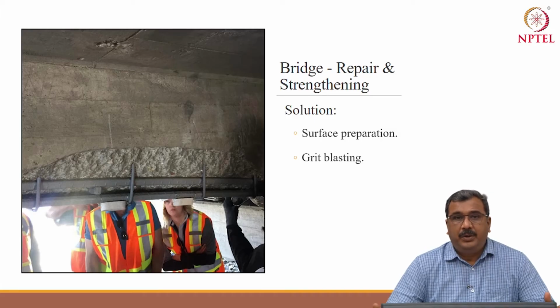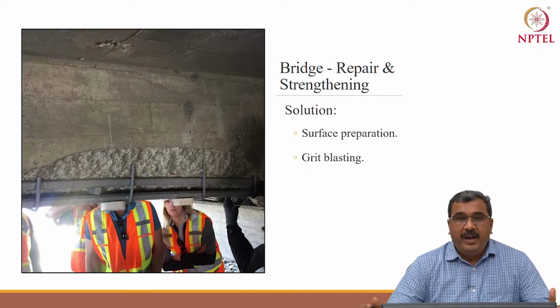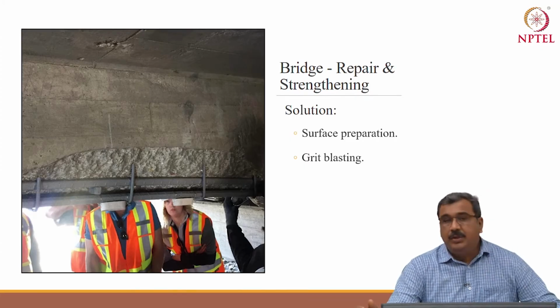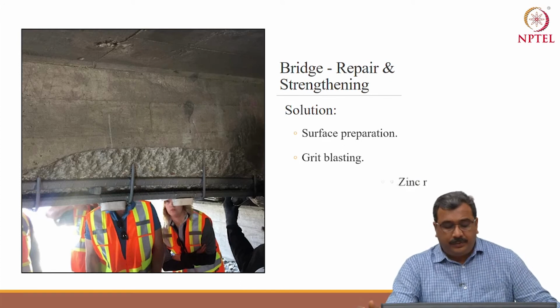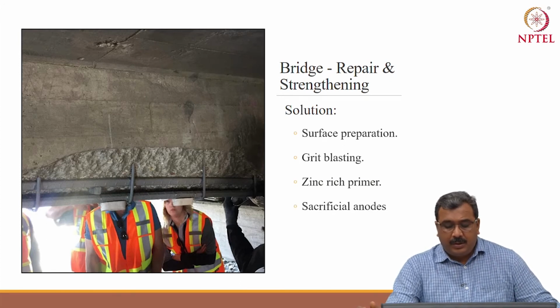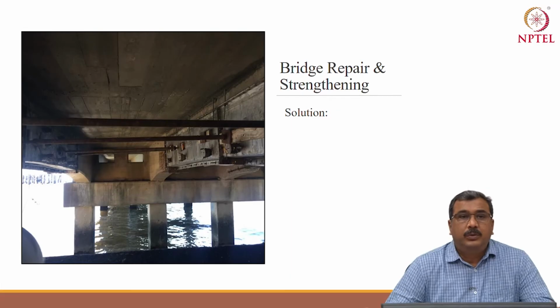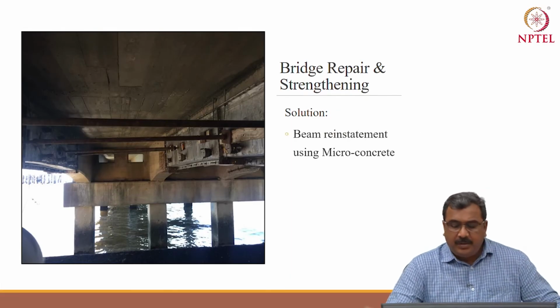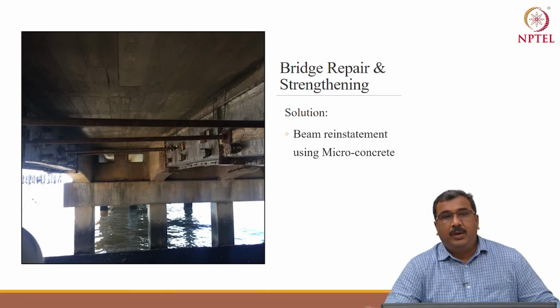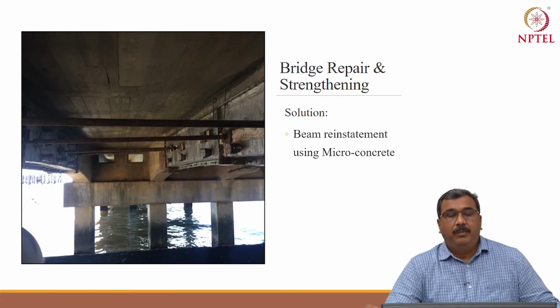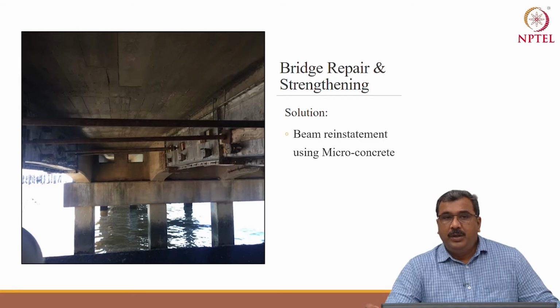Such a long bridge, so many spans, a very deep river. It's difficult to do shuttering. So a GI shutter was decided on to carry out reinstatement of the damaged portion of the beam using microconcrete.